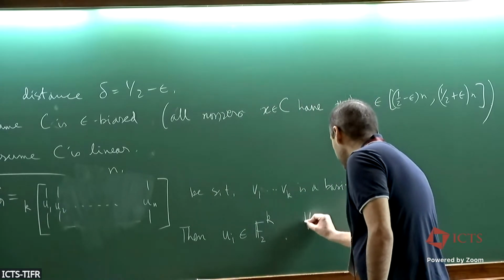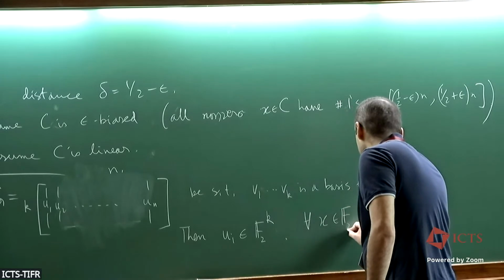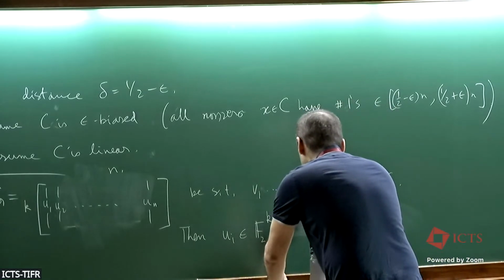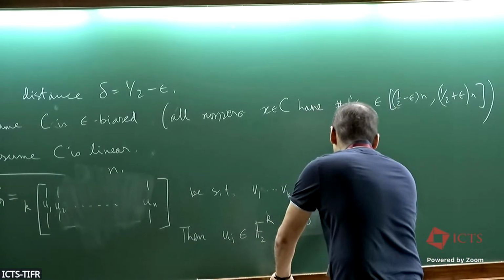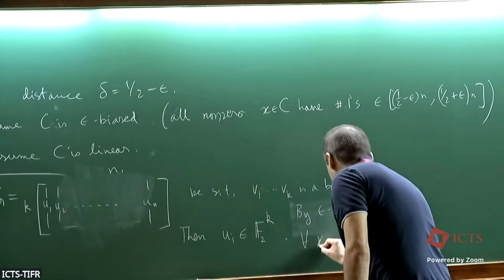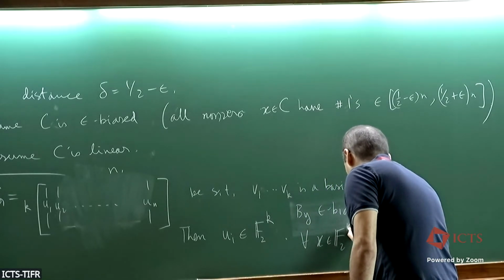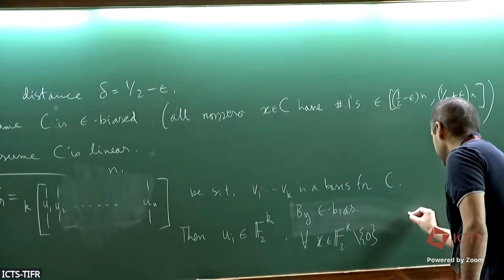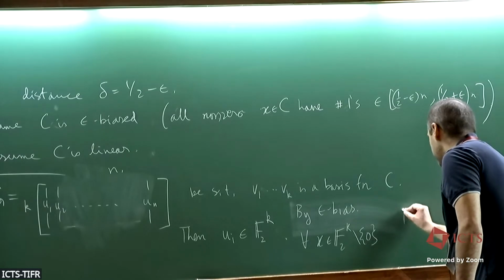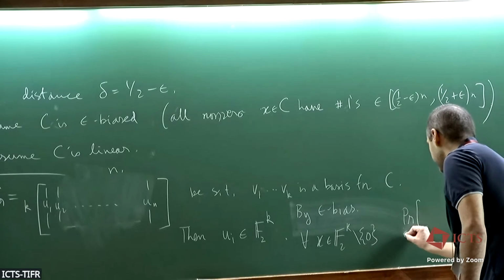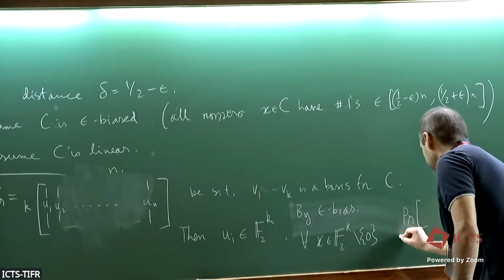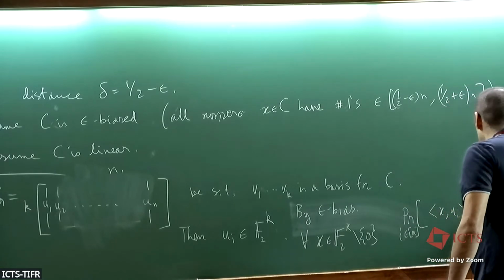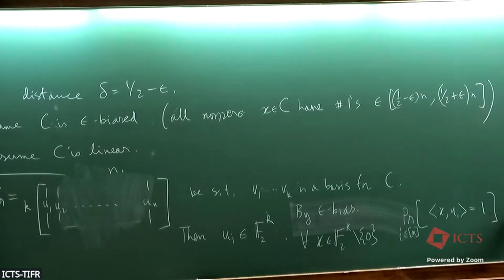So by epsilon bias, for all non-zero x in F2 to the k, the probability over i from 1 to n that x inner product ui equals 1 lies in half minus epsilon to half plus epsilon.